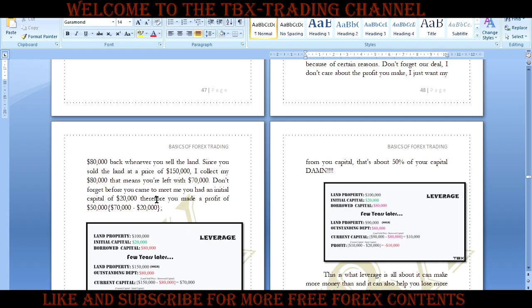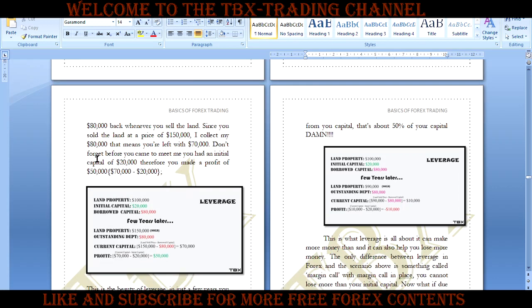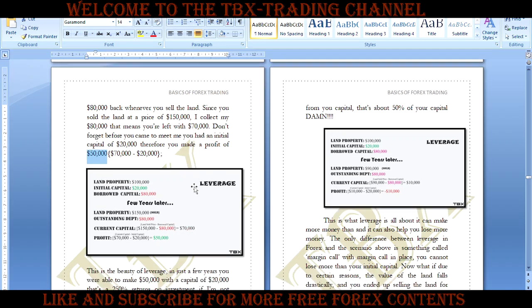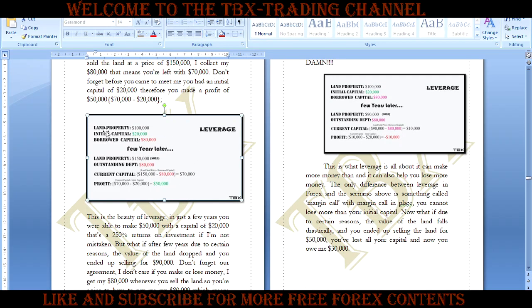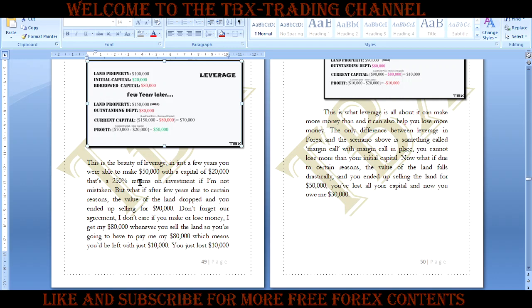And don't forget your capital of $20,000, which means you made a profit of $50,000. That is dope. Yes, we got this from SpongeBob. I know you noticed that. So now you made a reasonable return of over 250%.